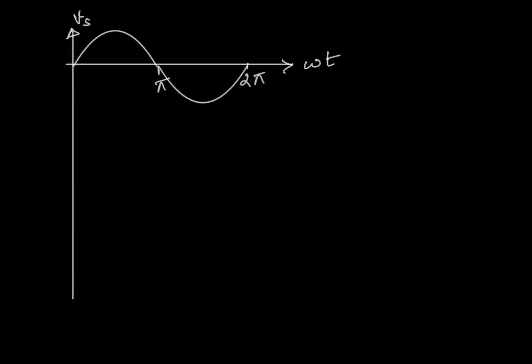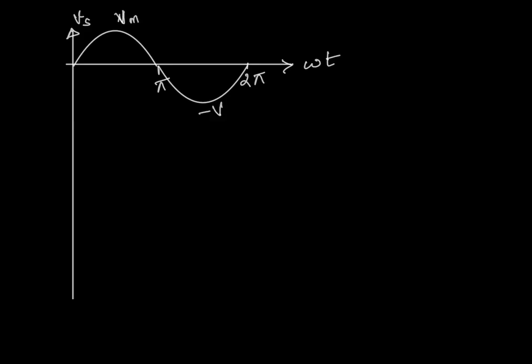We'll draw the waveform now. First, we will draw Vs. We will draw the waveform for one cycle. So this is Vm.